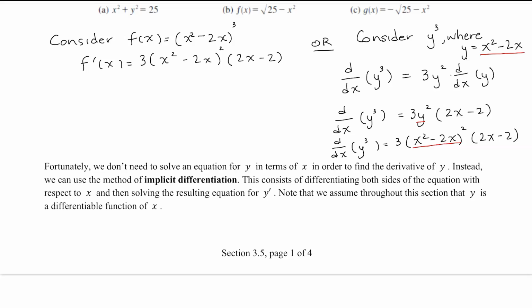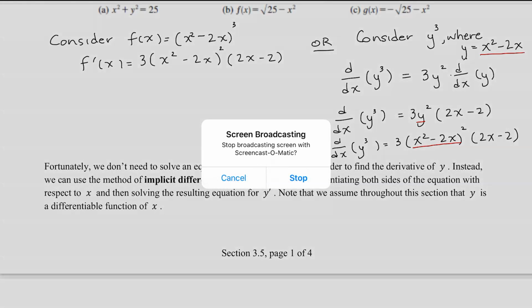So, as it says, we don't have to solve an equation for y in terms of x in order to find the derivative, but we use this technique known as implicit differentiation. We differentiate both sides with respect to x, and then we solve the equation for y prime or dy dx. We assume that y is a differentiable function of x, but it may not be solved explicitly for x.